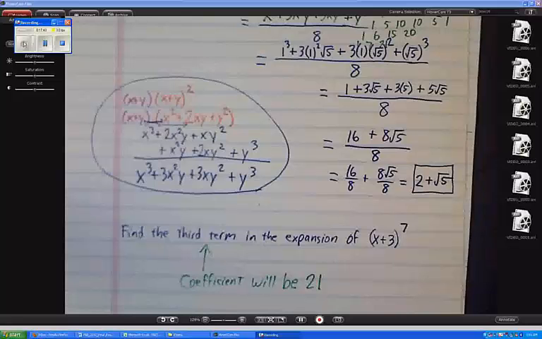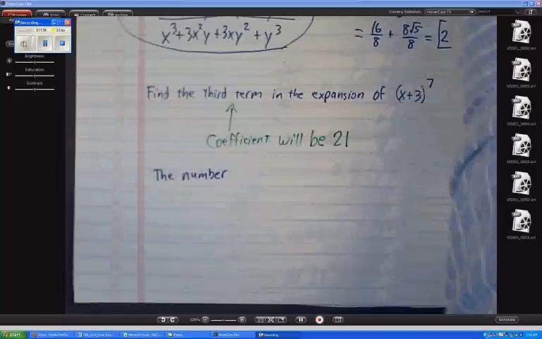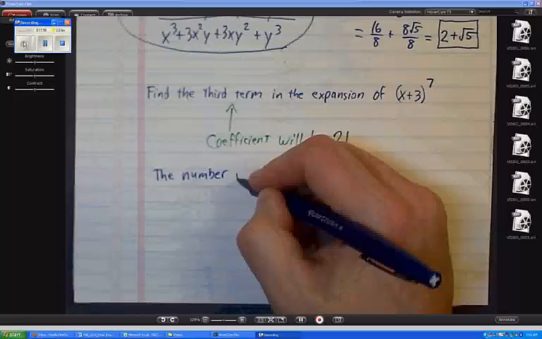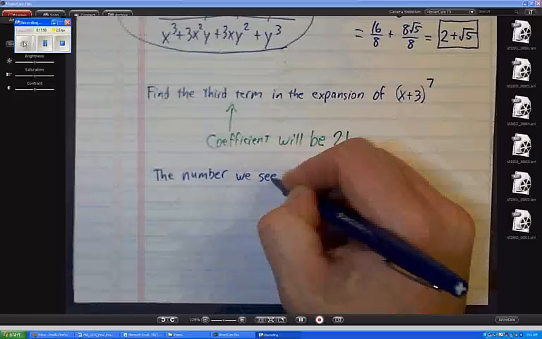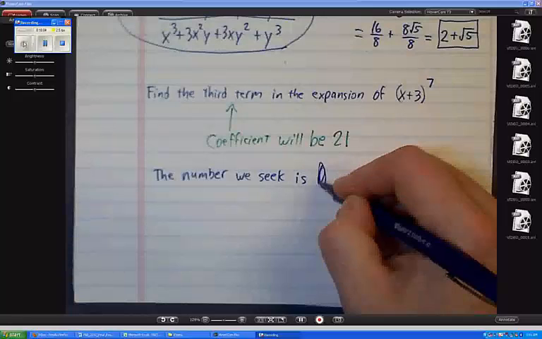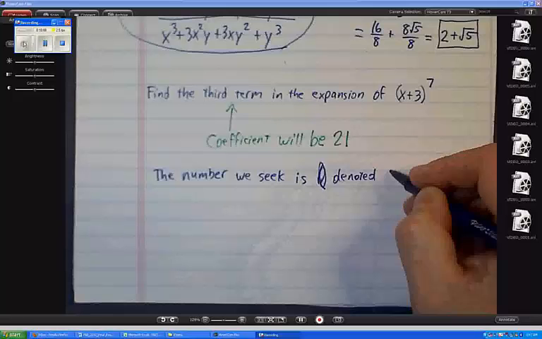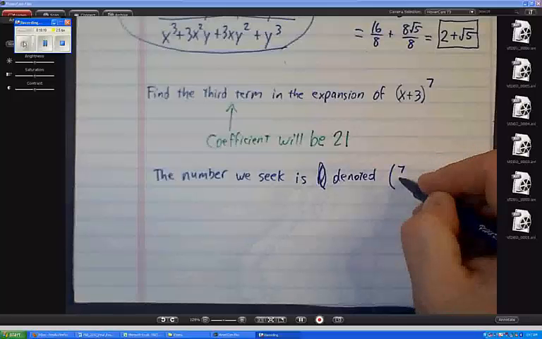So, what I would say is, the number we seek is denoted 7 choose 3.